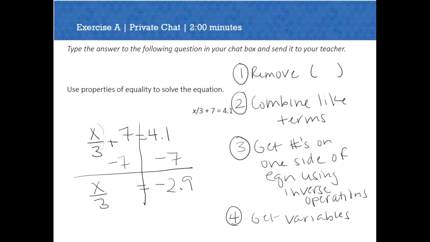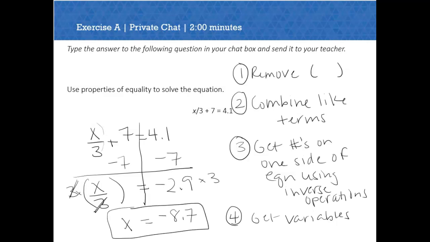The inverse of dividing is multiplying. So we're going to multiply by 3, multiply by 3. When we do that, we end up with 3 in the numerator and 3 in the denominator. 3 over 3 reduces to 1. So that's why that works. This reduces to 1. So we're just left with x. So we have x equals negative 2.9 times 3, which is negative 8.7.